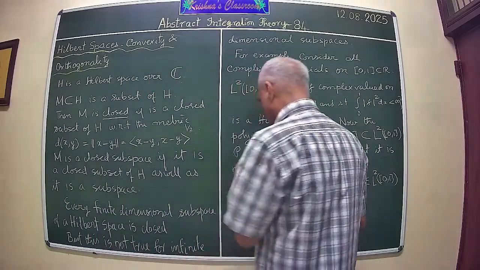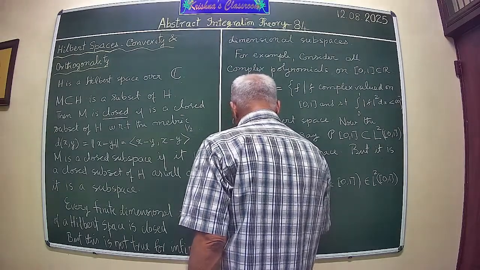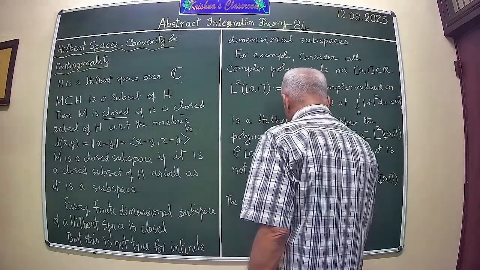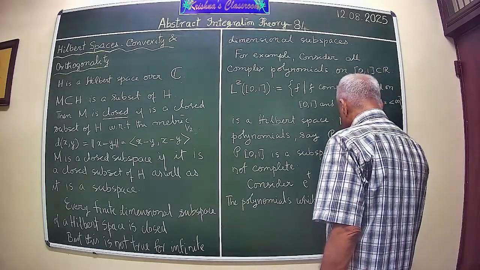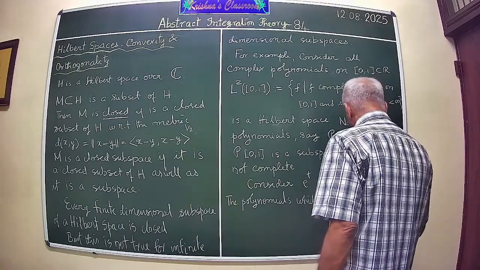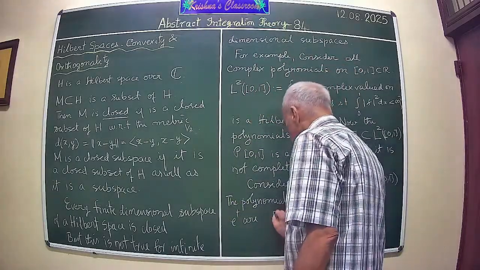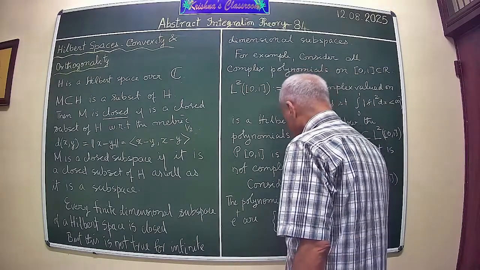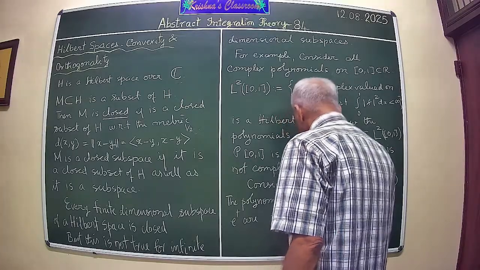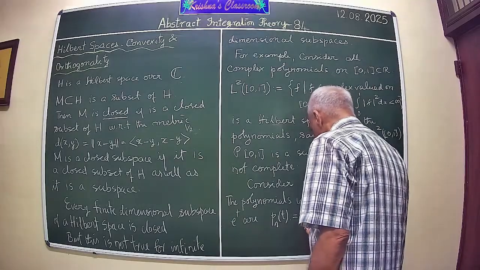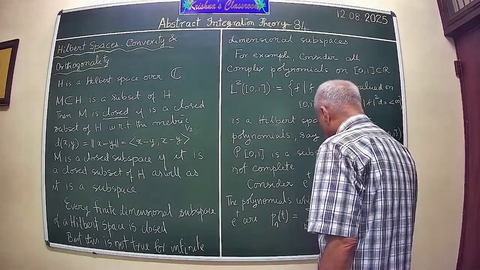And you see that the polynomials approximating e power t are the collection, sum from k equals 1 to n, t to the power k divided by k factorial.